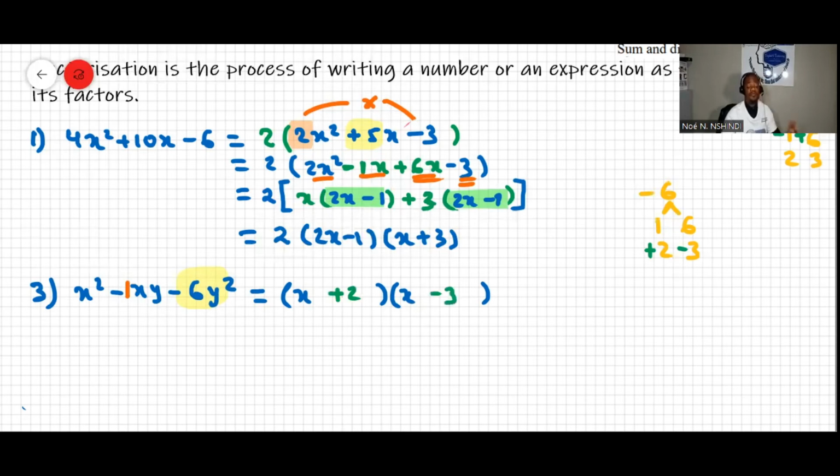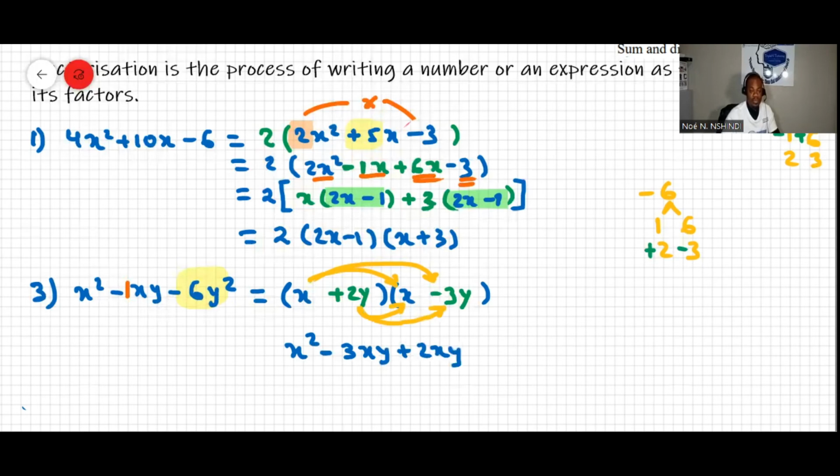Because it involves two different variables, I put my y there and y there also. If you expand this, you'll retrieve all this. Let's check it out. We do x times x, x times negative 3y, 2y times x, and 2y times negative 3y. x times x makes x squared. x times negative 3y makes negative 3xy. 2y times x makes positive 2xy.